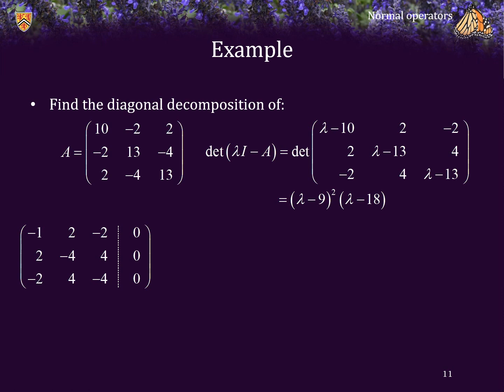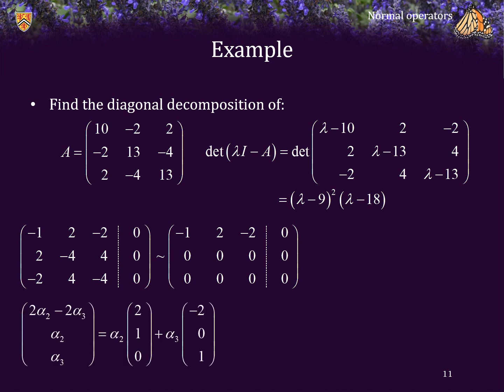All right, so taking a look at this, without much work, we see that it's row equivalent to this matrix here. Therefore, alpha 2 and alpha 3 are free variables, and alpha 1 depends on those two. So those are our two eigenvectors, but they are not orthogonal, but that's okay because they belong to the same eigenvalue, lambda equals 9.